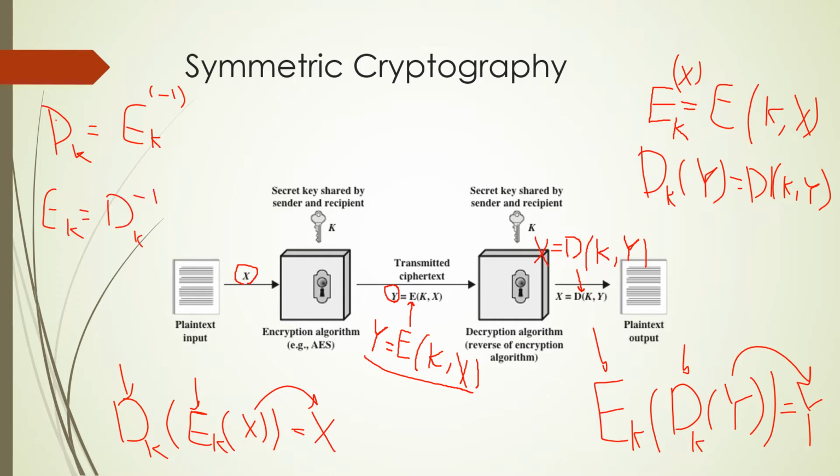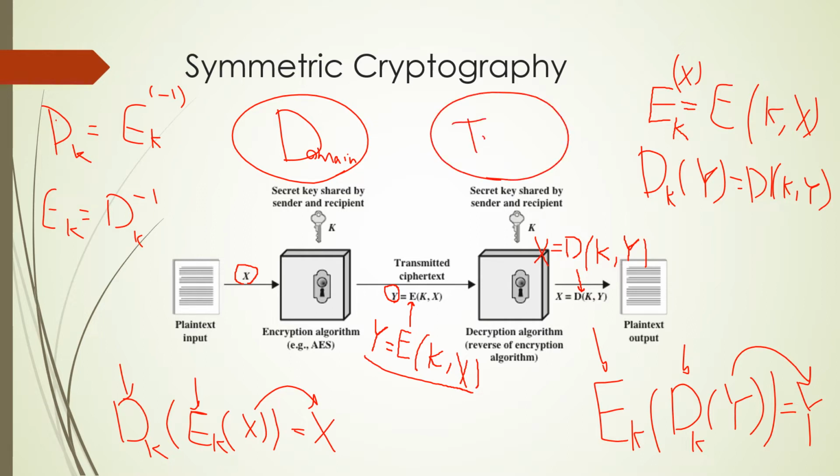In order to show you even better and make it easier to understand, assume that this is the domain of all the plain text, and this is the target, which is the set of all ciphertext. If you have a plain text here, and a ciphertext here, using E sub K you can go from P to C, which means you can convert a plain text to a ciphertext.